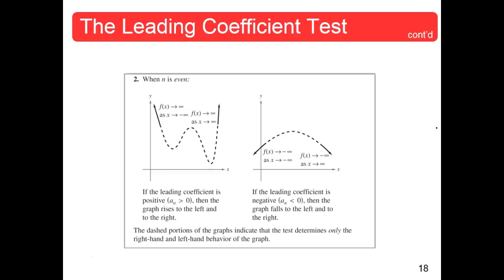And if n is even and the leading coefficient is positive, the f's are in the same direction, and they're both going to be positive. For a negative, they've got to be the same direction, so your f's are going to be negative.